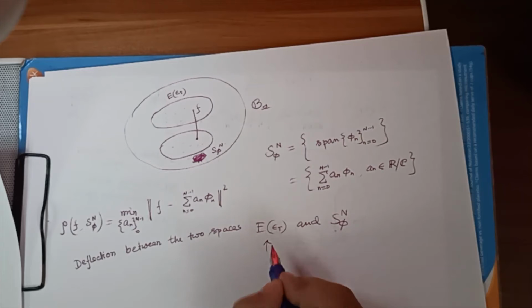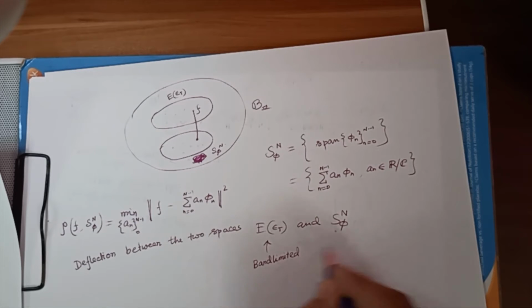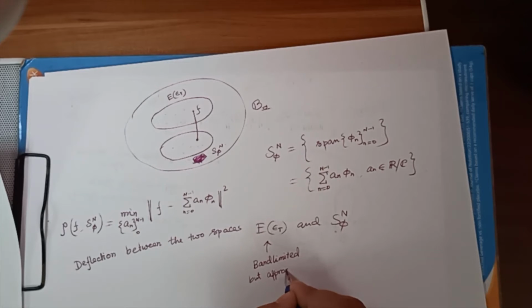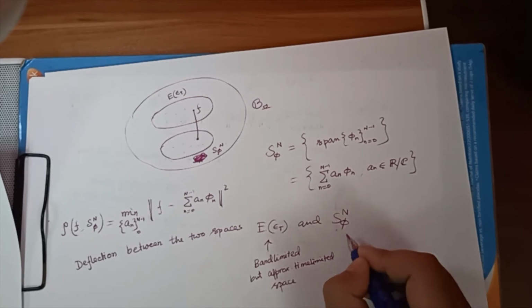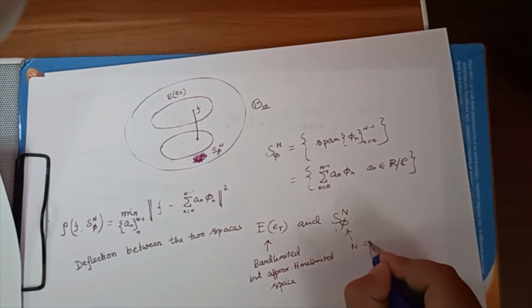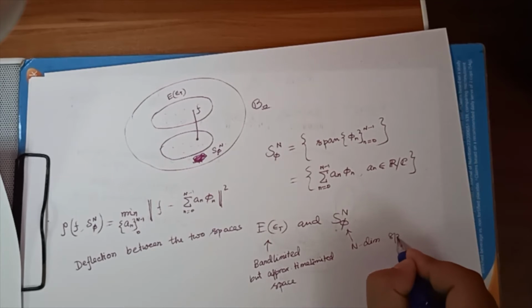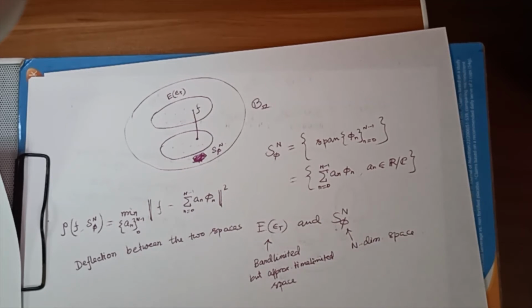So this space is the so-called band limited but approximately time limited space, which is our digital communication signal space, but approximately time limited signal space. And this is my finite dimensional space, n dimensional space. So deflection is basically the maximum distance possible between this and this.